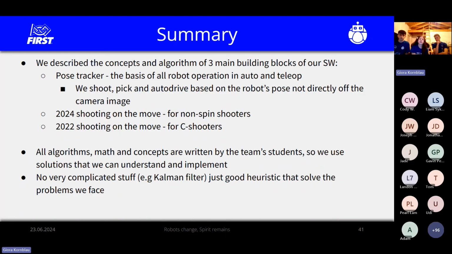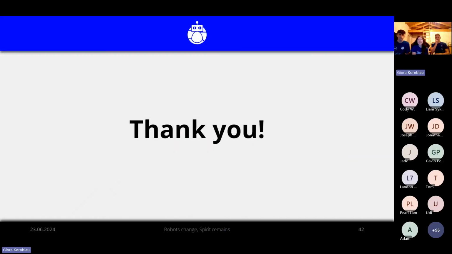And that's why we used those solutions that we were able to understand with our knowledge as just high school students who learn. And that's also why we don't use very complicated stuff like Kalman filter. We just do good heuristics that solve the problems we face, and we just try to simplify everything to our knowledge and our abilities.